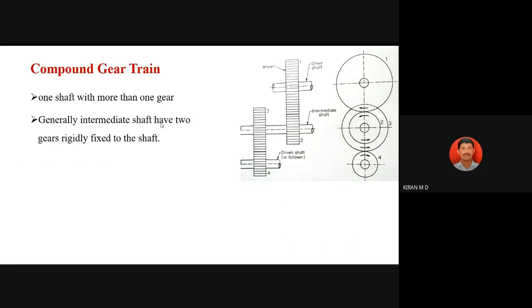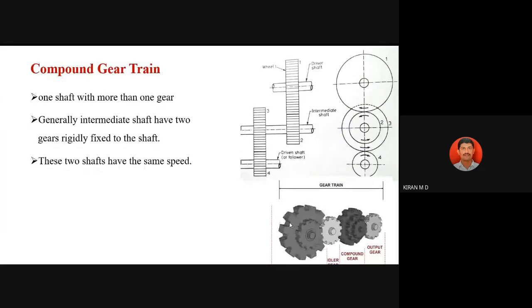Generally, the intermediate shaft has two gears rigidly fixed to the shaft. Between the driver and driven, which is the input, the intermediate gear shaft is there. On that shaft we mount the two gears rigidly. Since these two gears are mounted on the same shaft, they will have the same speed.